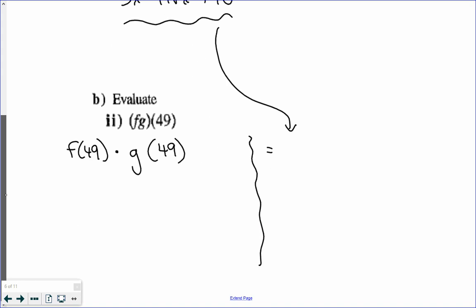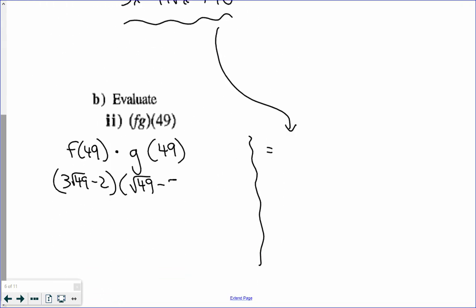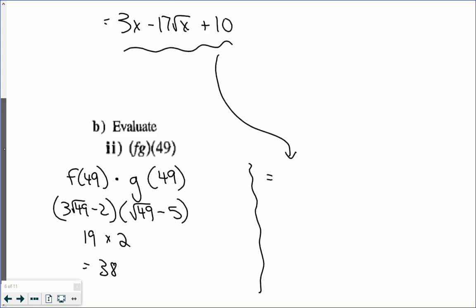So (3√49 − 2) times (√49 − 5). So that's that. Whereas if I plug it into this, I have 3 times 49 minus 17√49 plus 10.